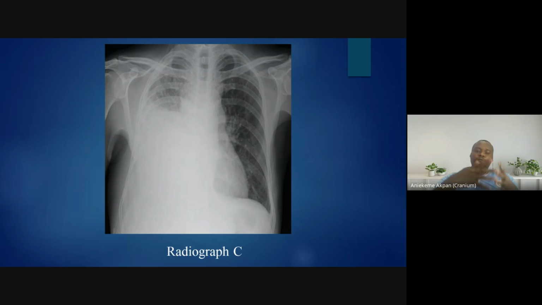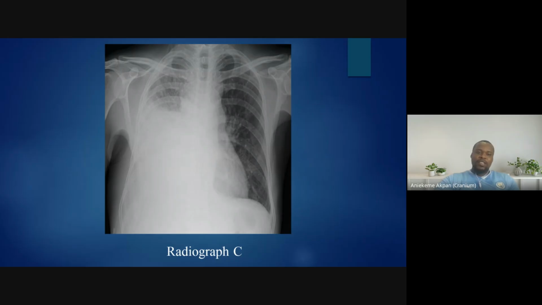So fluid can accumulate in this space, and we call this pleural effusion. It's still a pleural pattern. But the one you are making reference to is the one I said when you have air. If you look at this image that Wari just shared now, you can see an area of radio-opacity, which is fluid. You can't even see the right costophrenic angle.